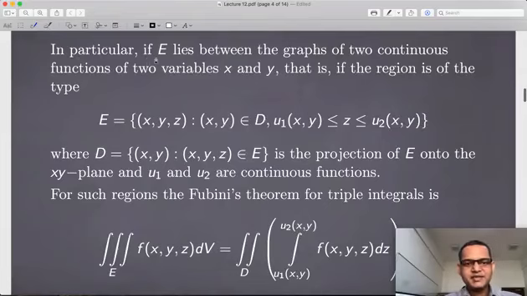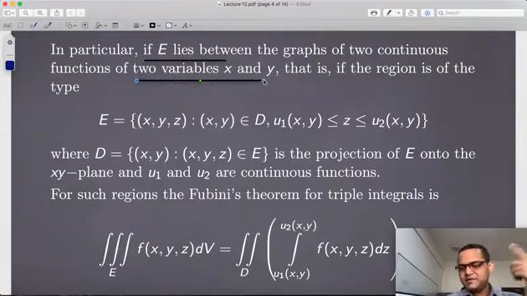So we say that if you have a region E which lies between the graphs of two continuous functions of two variables. In the previous case, the region in R2 was lying between two graphs of continuous functions, but here we can have two surfaces because we are now in R3.